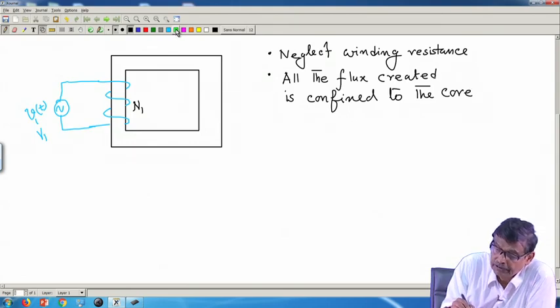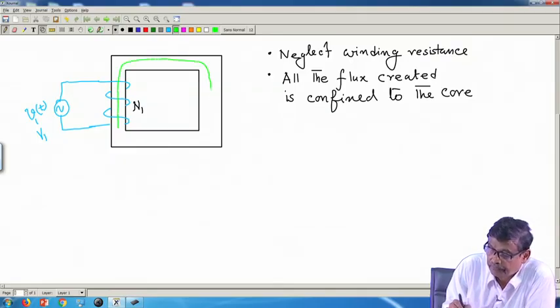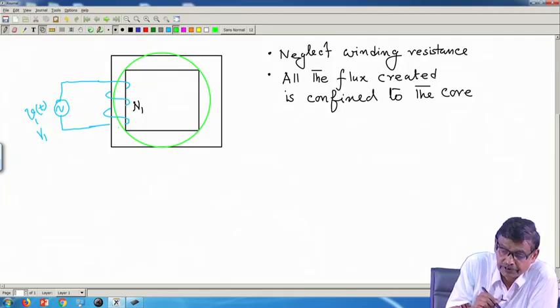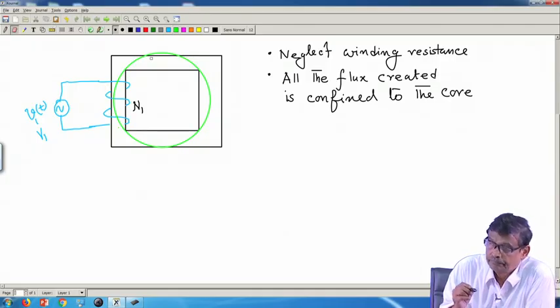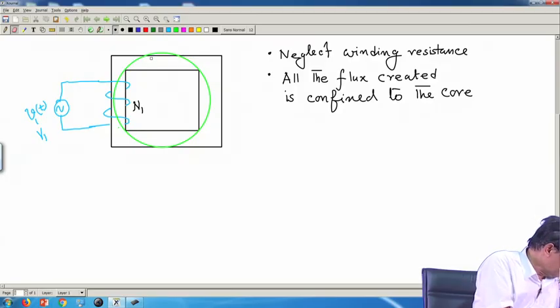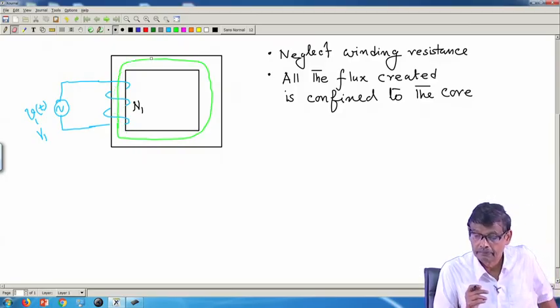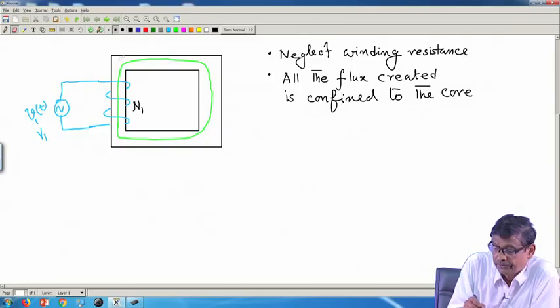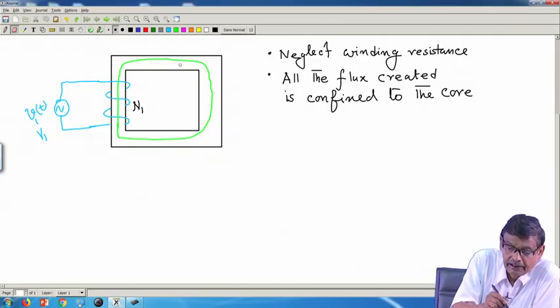So all the flux that will be produced will be confined to the core, and there will be several lines. I have just drawn. Oh, I am so sorry, I forgot to do that. So, thank you. So, this is the flux path.